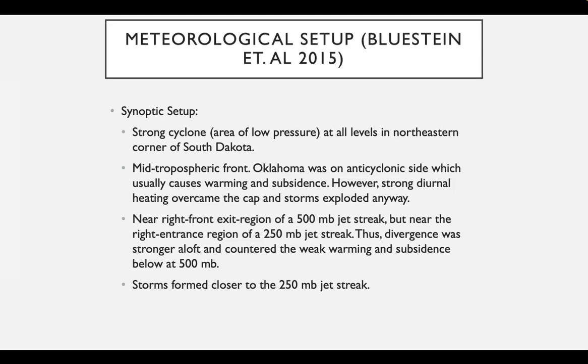So storms formed near the right entrance region of that 250 millibar jet streak, and that jet streak was able to overcome the warming and sinking associated with the 500 millibar jet streak.